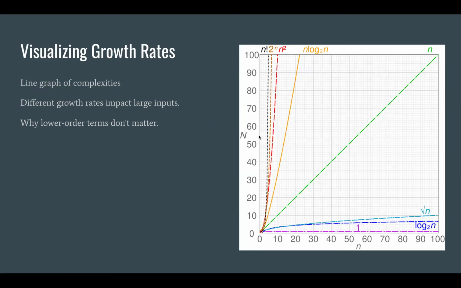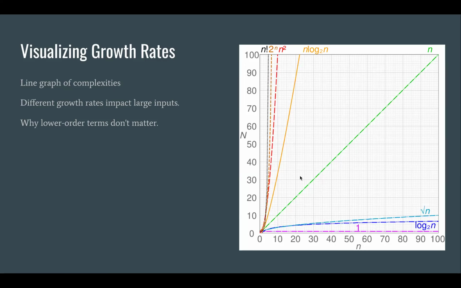Visualizing growth rate. We looked at this graph, but let's look at it again because it really illustrates how algorithms with different complexities grow as the input size increases. O(1) remains flat while O(log n) grows very slowly, and with a linear algorithm O(n), you can see that it scales predictably as n increases.